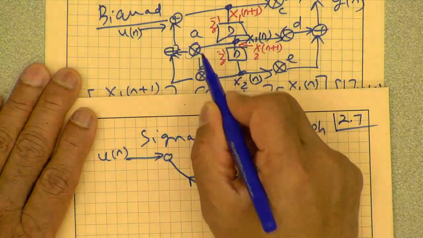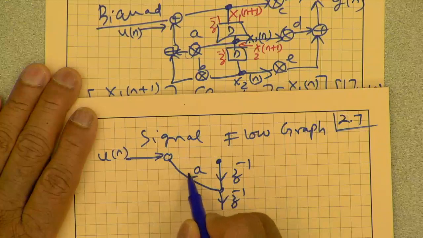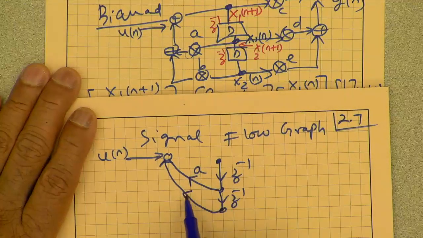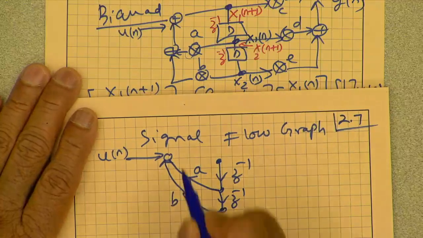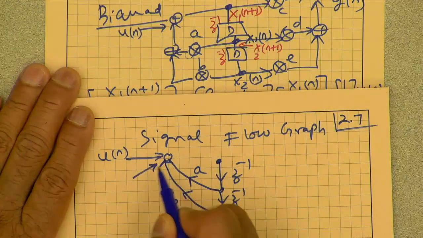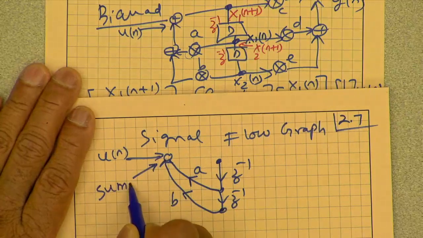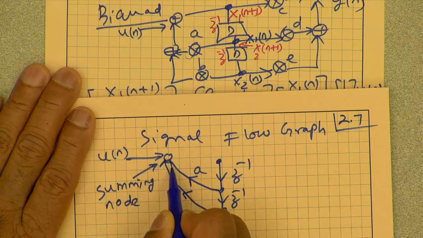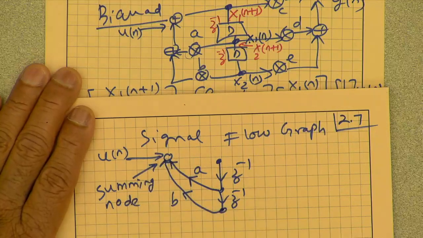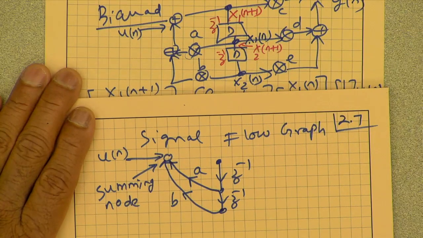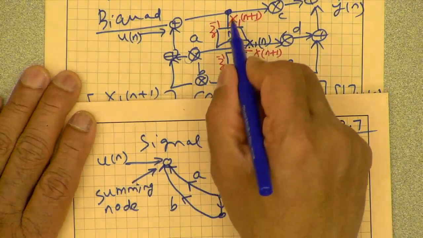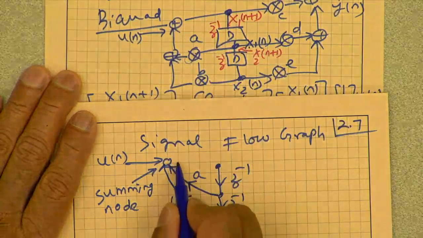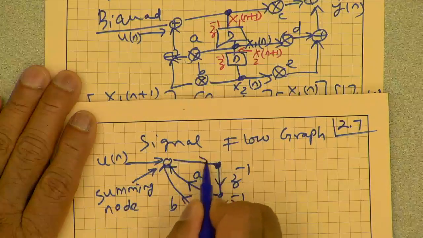So, multiplication by a is simply a coefficient on that edge, and multiplication by b is shown here, and every node is a summing node. That means every node gets many inputs, and it just computes the sum of those inputs. Okay. So, this node is the same as that output of the summing node. So, I can put that here, that is okay.